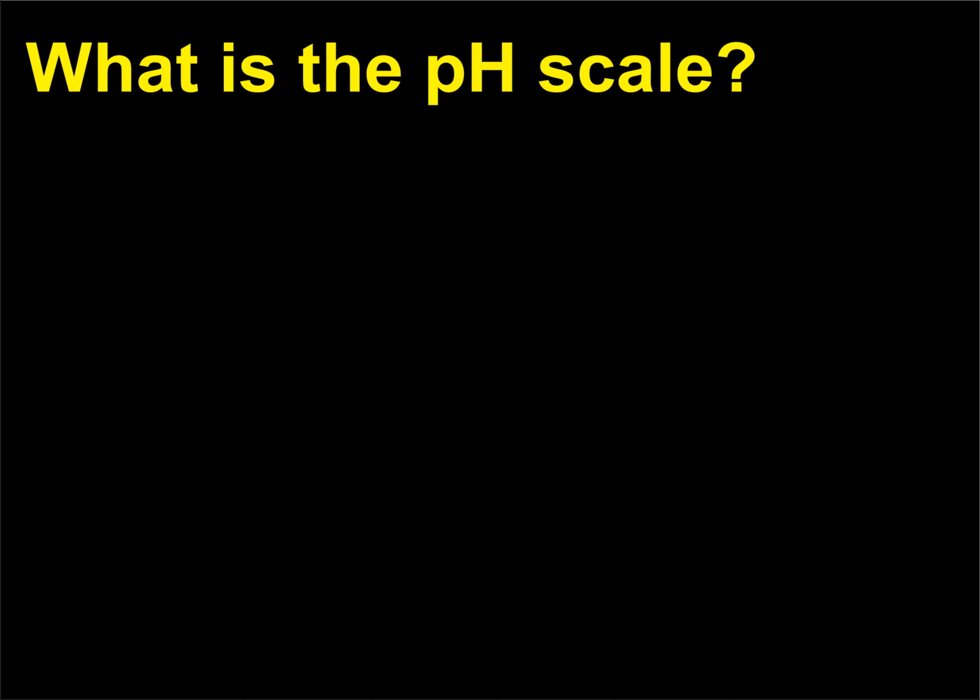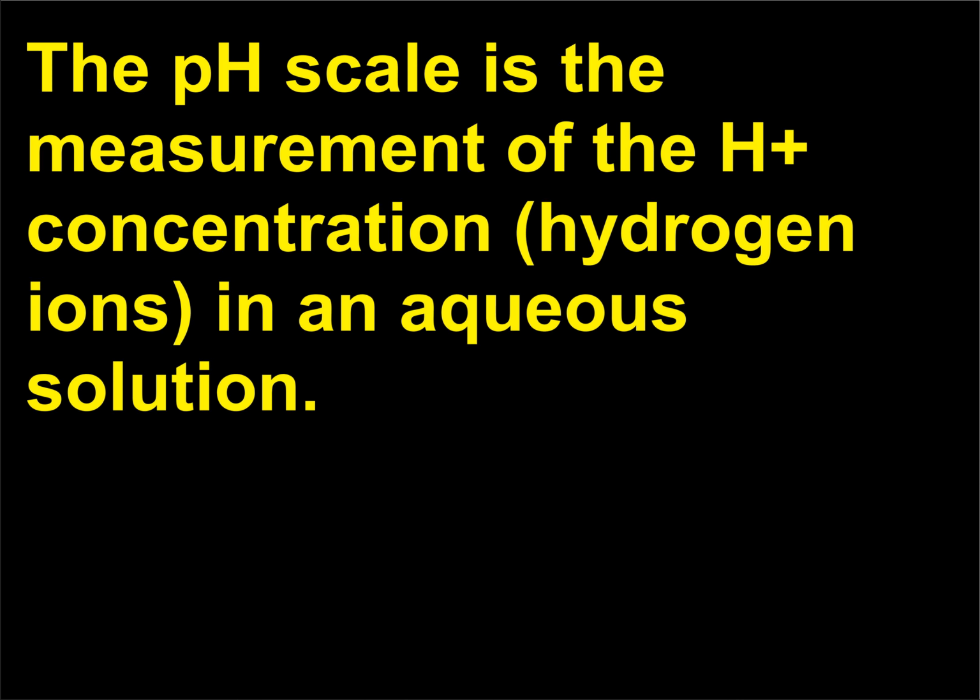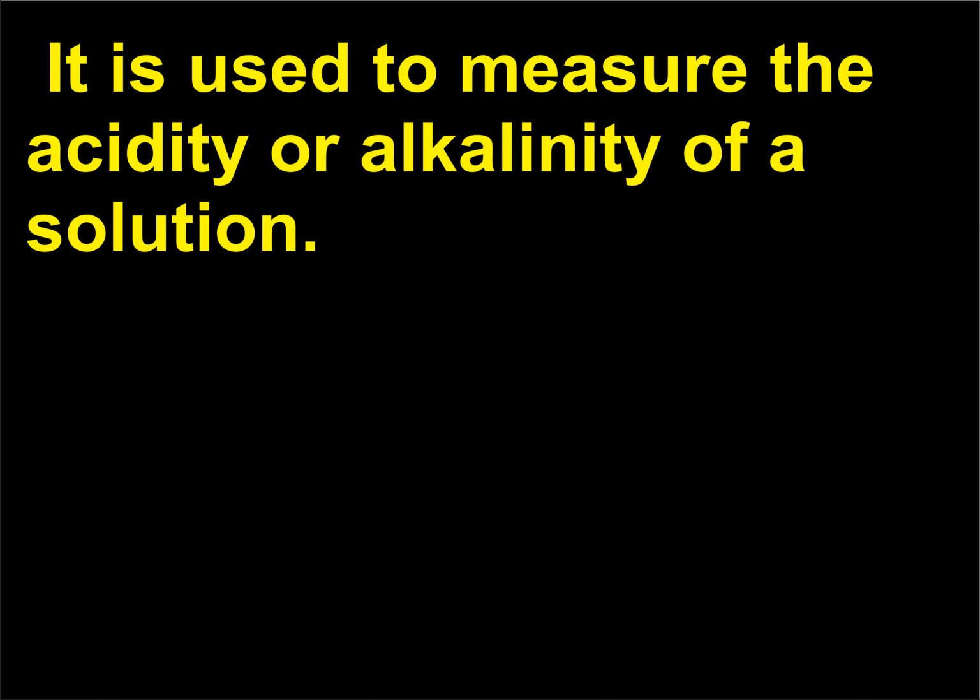What is the pH scale? The pH scale is the measurement of the H+ concentration, hydrogen ions, in an aqueous solution. It is used to measure the acidity or alkalinity of a solution.